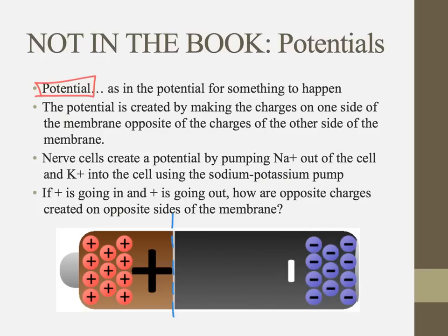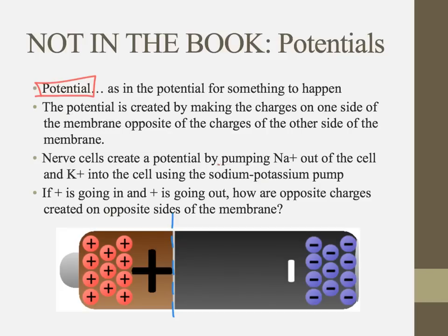In order to have some kind of a potential, we have to have a difference in charge on either side of the membrane, and these charges are prevented from just diffusing across and neutralizing. So nerve cells create a potential where it's negative on one side and positive on the other by using that sodium-potassium pump.